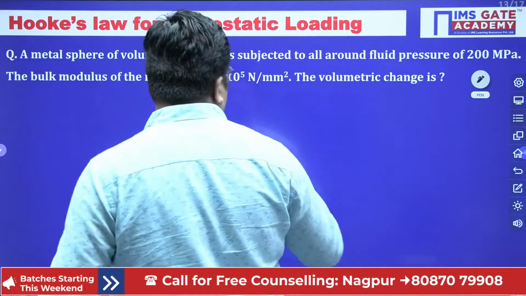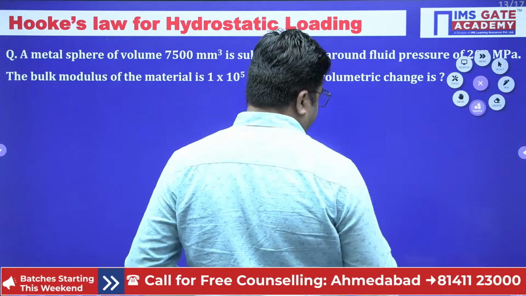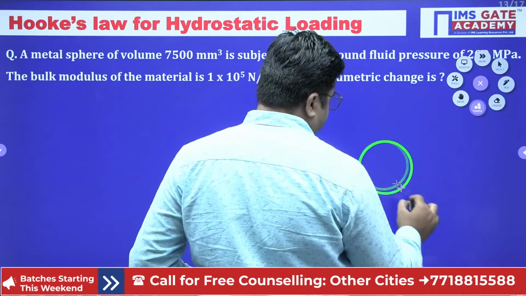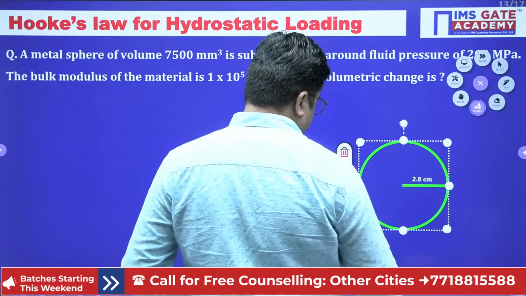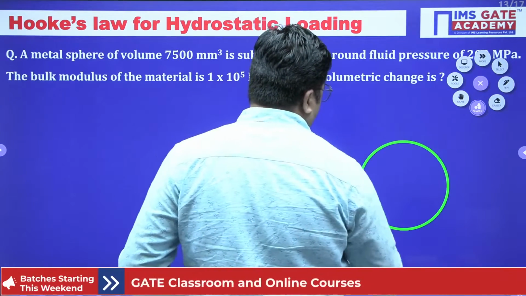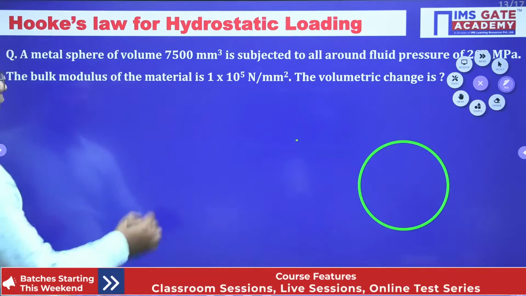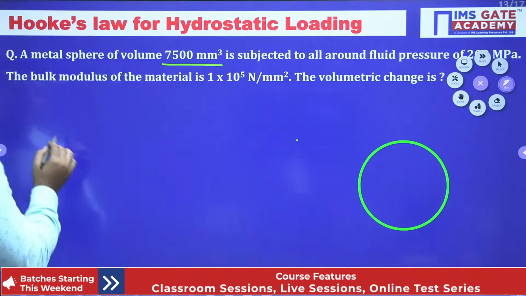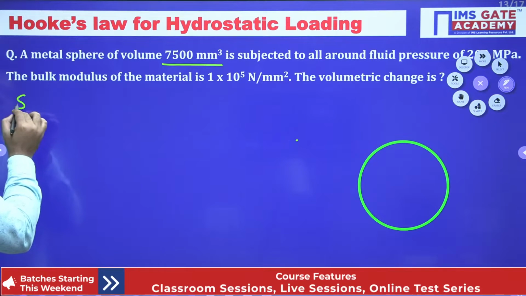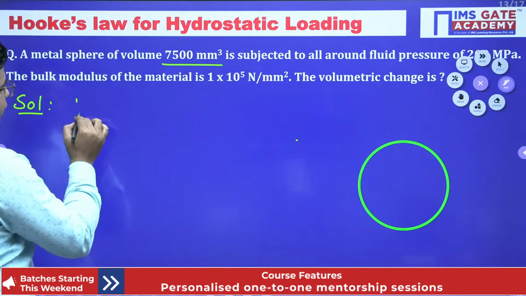So you have a metal sphere. Let me draw this metal sphere quickly. So this is my metal sphere. For this metal sphere, the volume is 7500 mm cube. So I'm just writing all the data which is given to me.